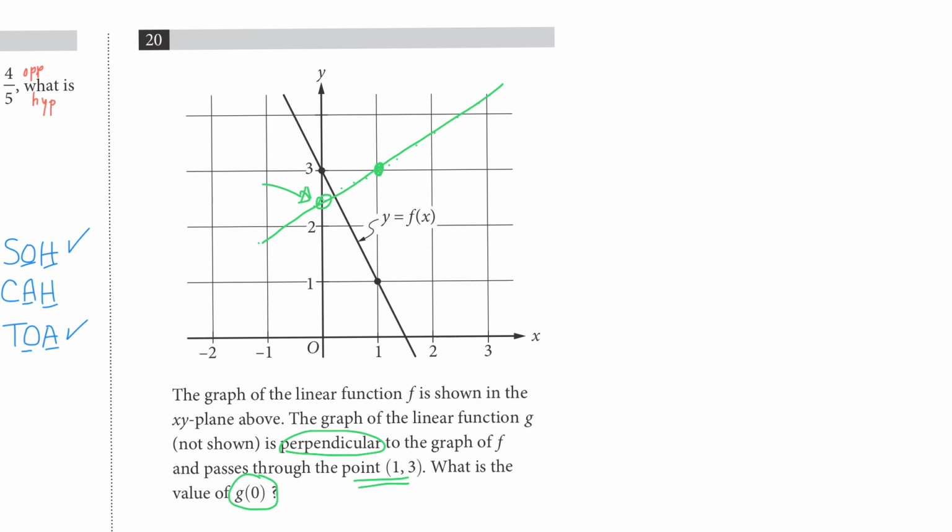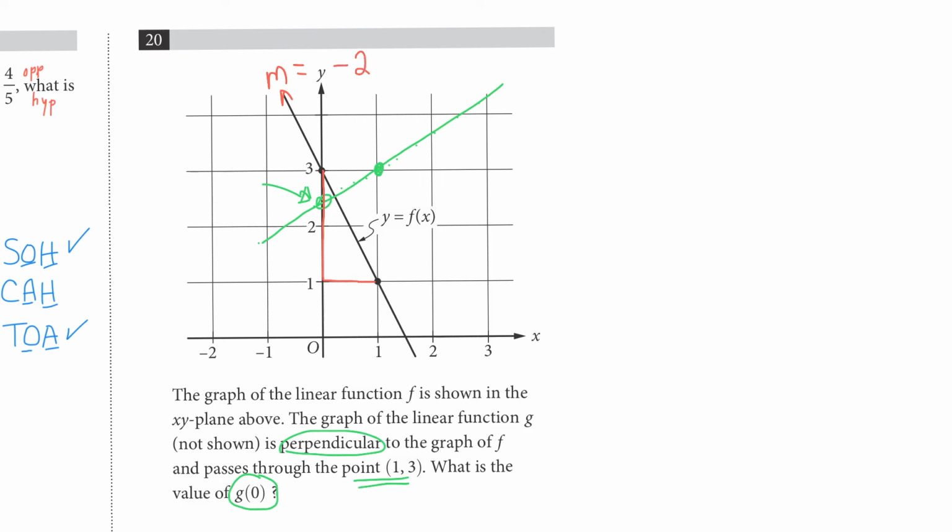And so the first thing that we need to do is find the slope of the given line. The slope of the given line, we're going to call m, is going to be the rise over the run. So it goes down 2 units, and it goes across 1.